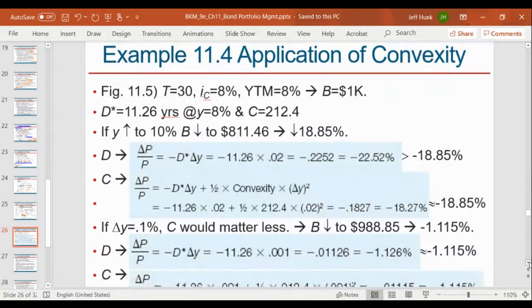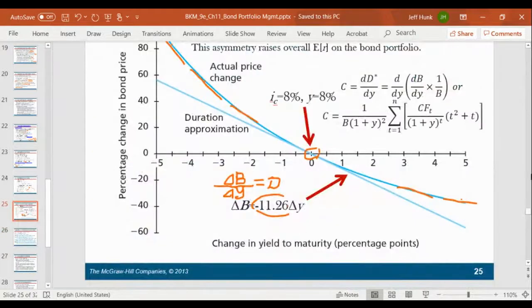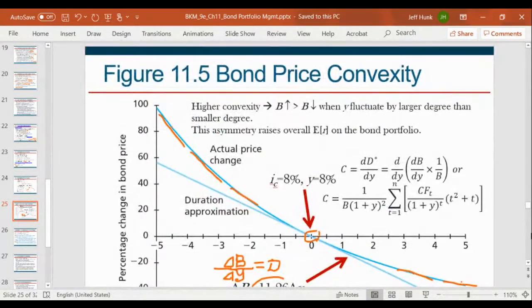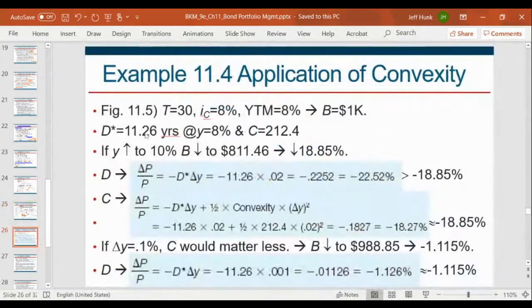So let's take a look at example 11.4, figure 11.5. Maturity is 30 years, a very long-term bond.